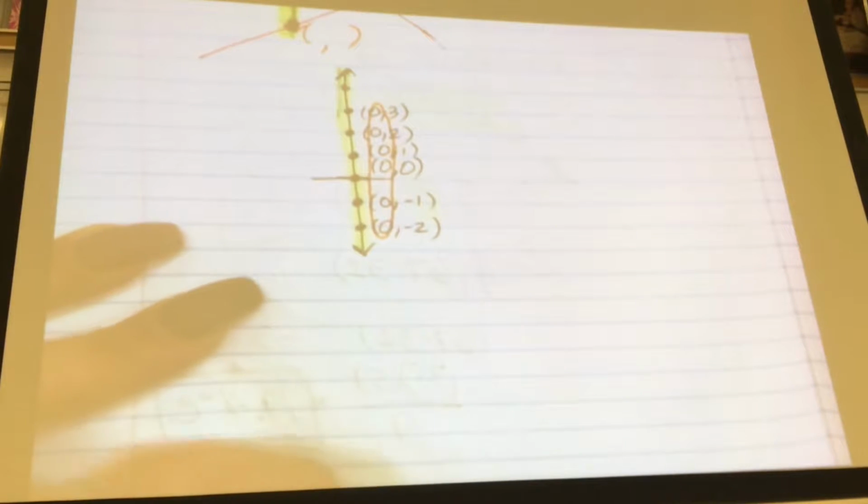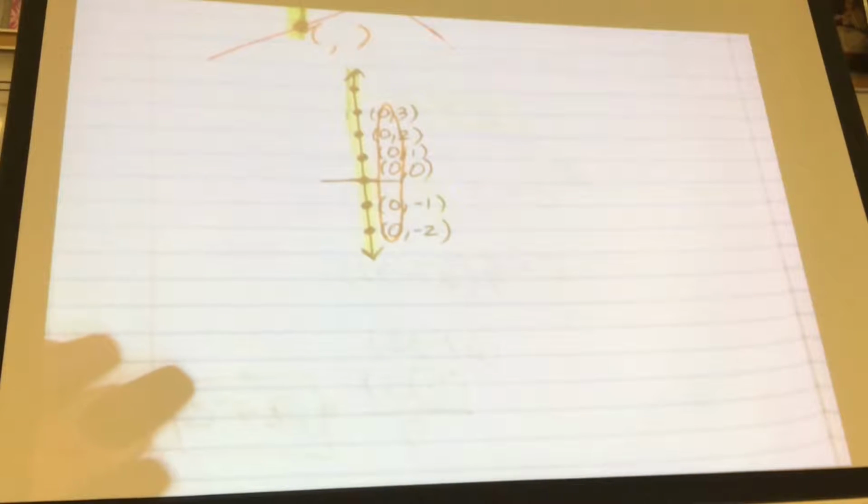All right, let's see if we can notice a pattern here. What do you notice is true, don't yell it out, about all of the x values in our y-intercept? What do they all have in common? If you know, raise your hand. If you have your hand up, be ready to tell me in a complete sentence what you notice. Emilio, please go.